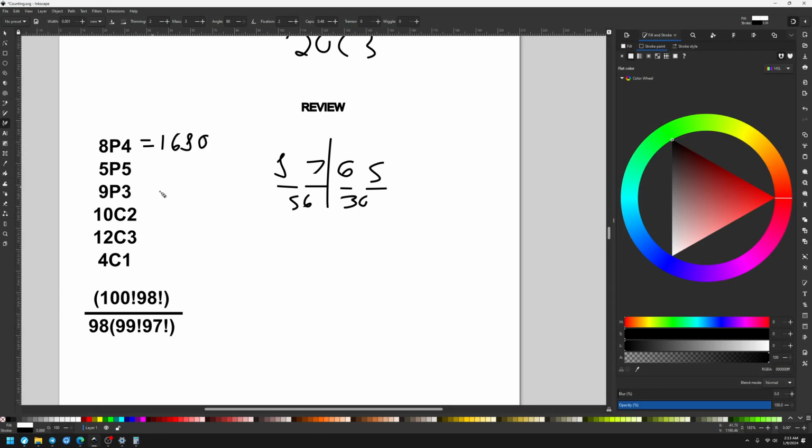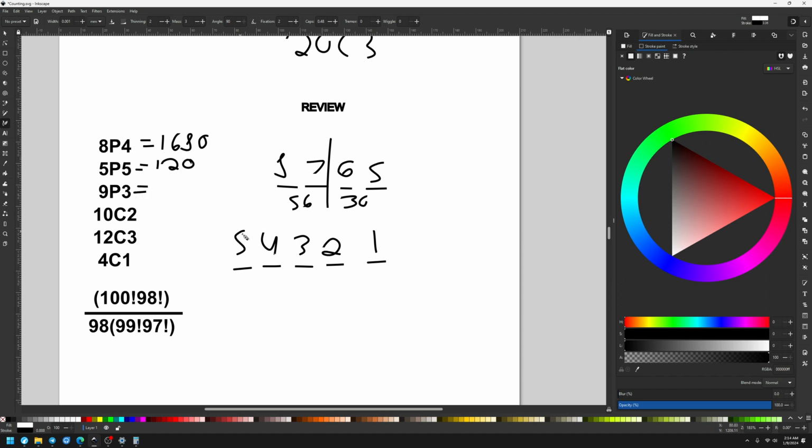Okay, 5 permute 5, so we're going to have 5 slots. For this one, we have 5 options, next we have 4, then 3, 2, and 1. We have 5 times 4 is 20, times 3 is 60, times 2 is 120, times 1 is 120. So 5 permute 5 is equal to 120.